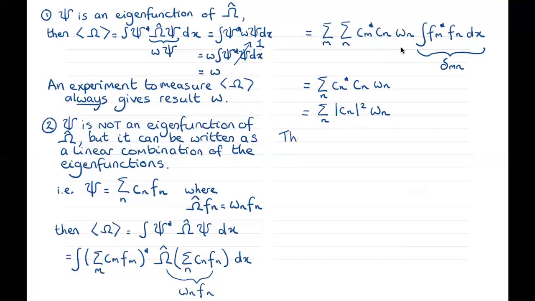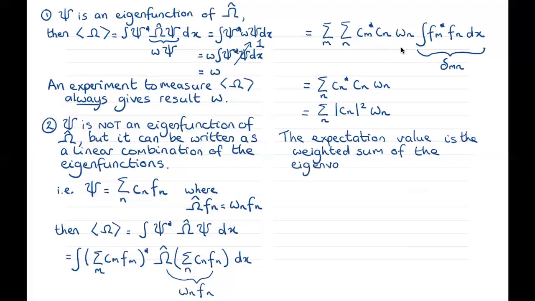So the expectation value in this case is the weighted sum of the eigenvalues of the operator corresponding to the observable.